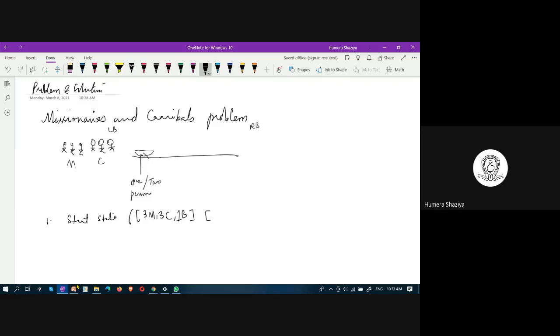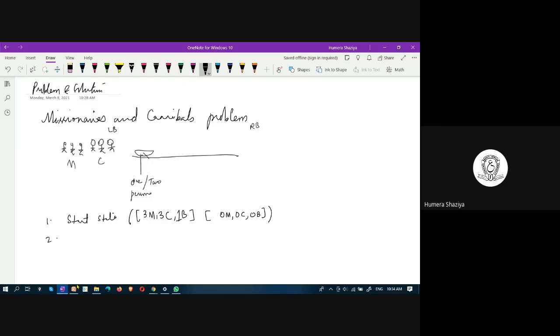And what is at the right side? Zero missionary, zero cannibal, zero boat. One boat means the boat is available at the left side. Zero boat means the boat is not available. Three missionaries means there are three people, three in number. This is the start state.